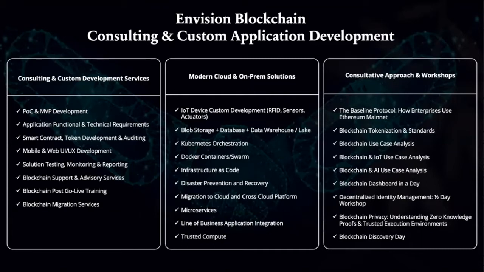That typically starts with functional and technical requirements gathering, smart contract development, token development, auditing the smart contracts, and developing the UI and UX, which is a really big piece of any application, all the way through system monitoring, testing, and then once a solution goes live, post-go-live support services.